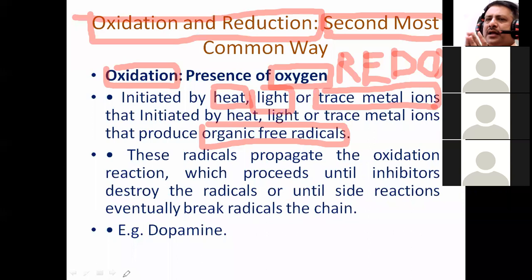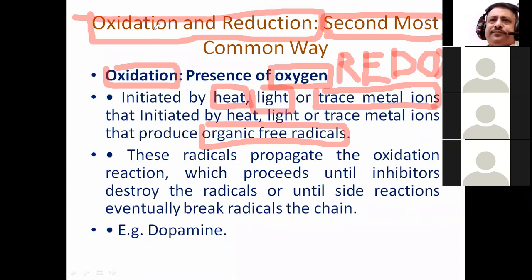If my drug is more prone to oxidation and I want to make my dosage form more stable, I am going to add an antioxidant, so that my product is not going to get oxidized and it will be stable.